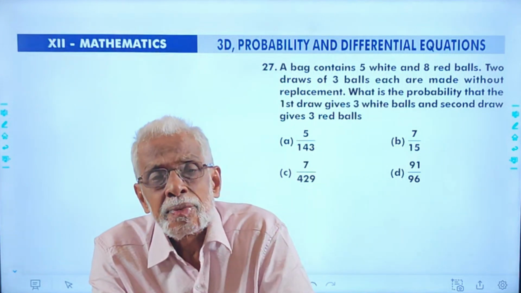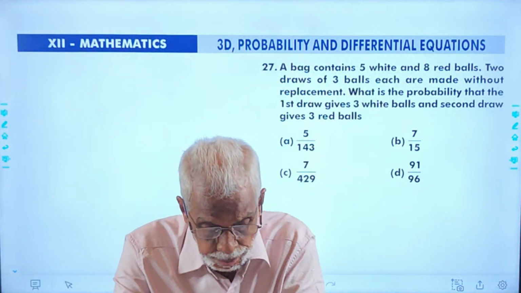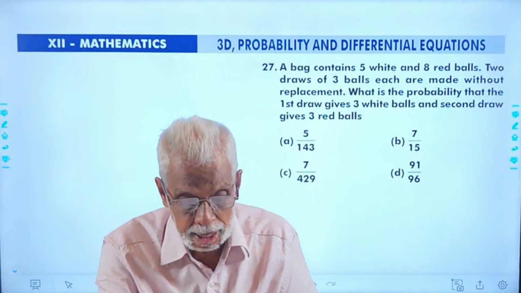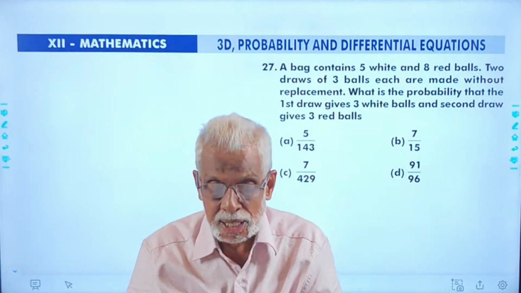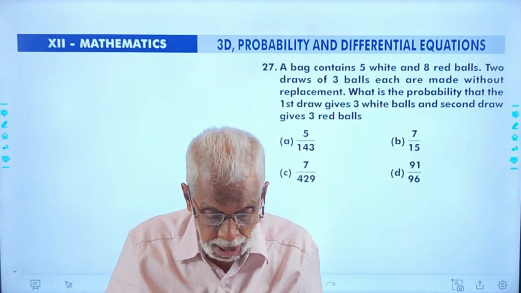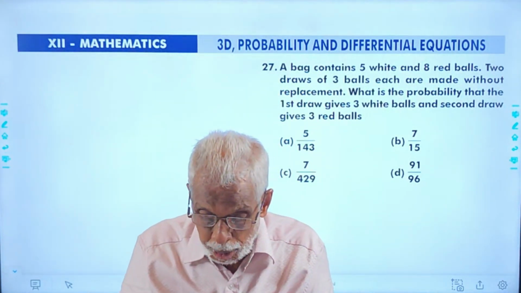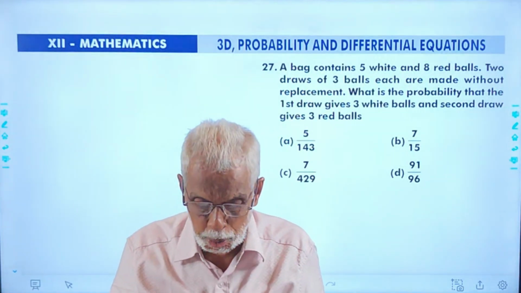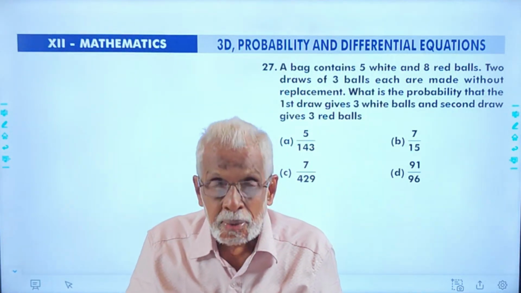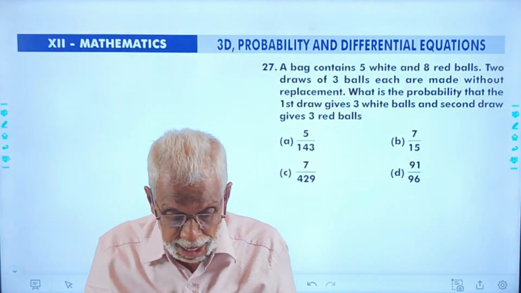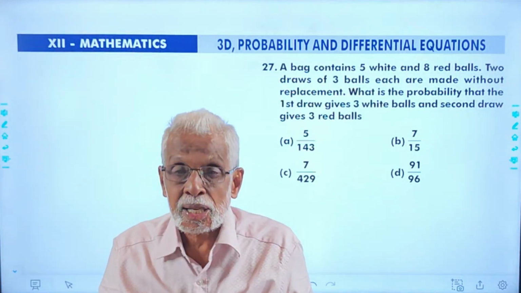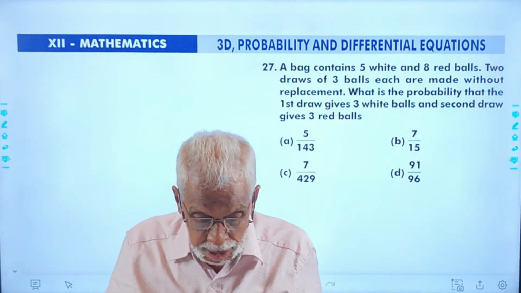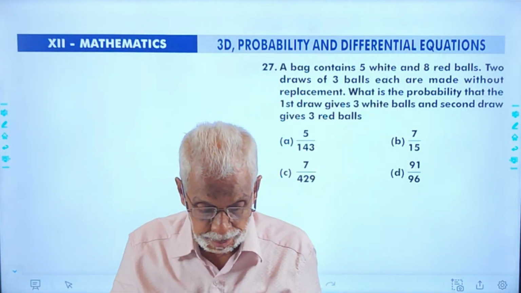We can take the event A, drawing 3 white balls from the first box, B, drawing 3 red balls from the second box. But it's A intersection B, that is, drawing 3 white balls in the first draw and 3 red balls in the second draw.